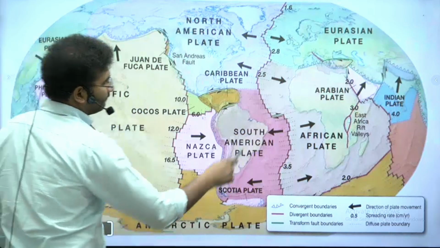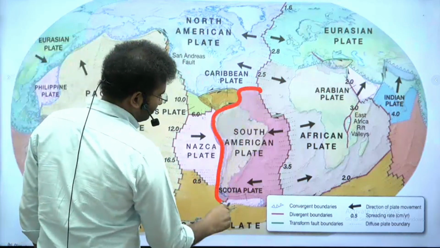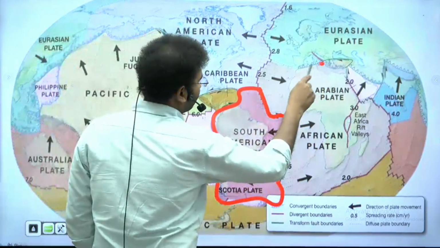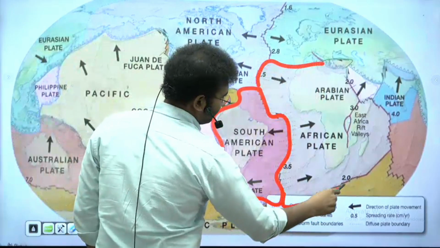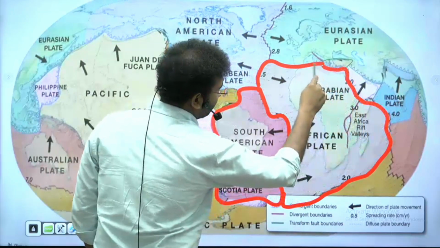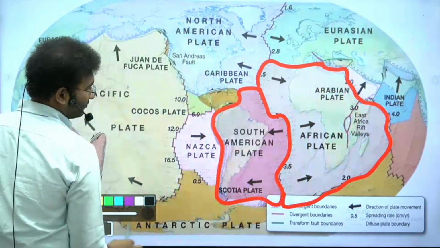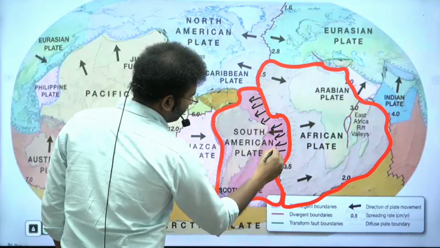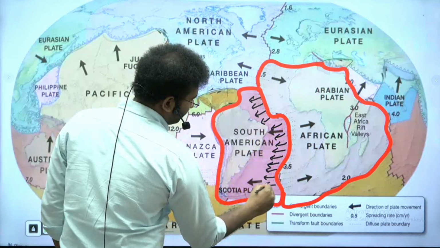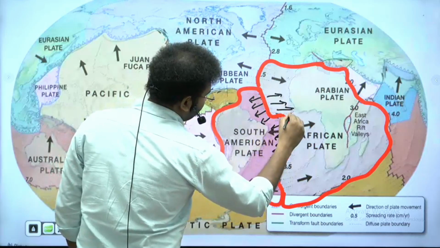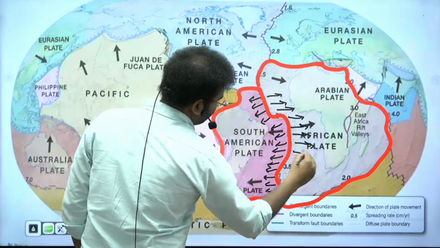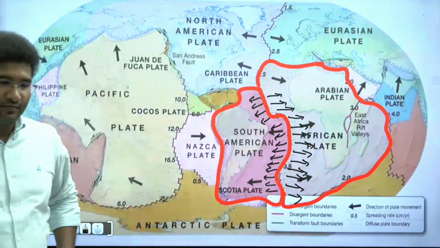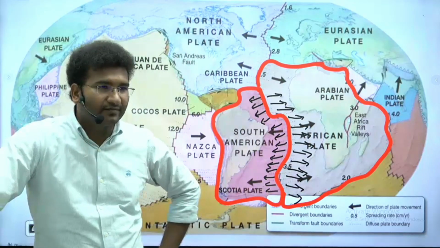Can you see this plate? Notice this. Possibility है? है.